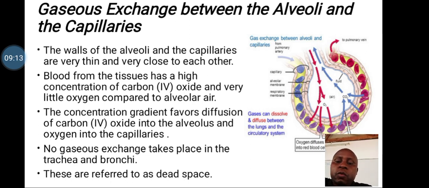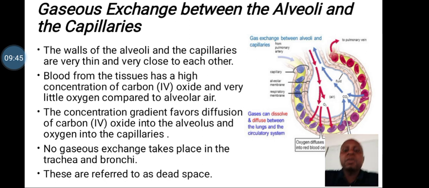Name the process through which carbon dioxide and oxygen diffuse across the walls of the alveolus. The process is diffusion. Explain why oxygen is capable of diffusing into the blood and carbon dioxide diffusing into the alveolus during gaseous exchange.